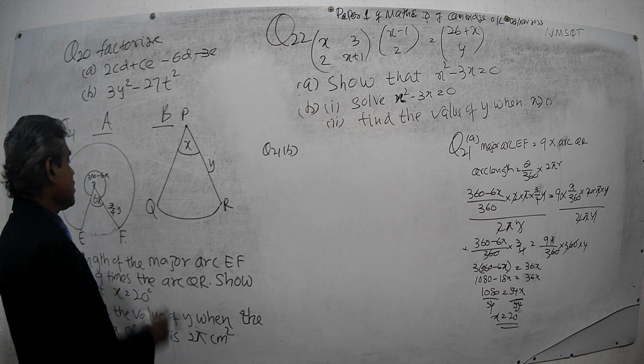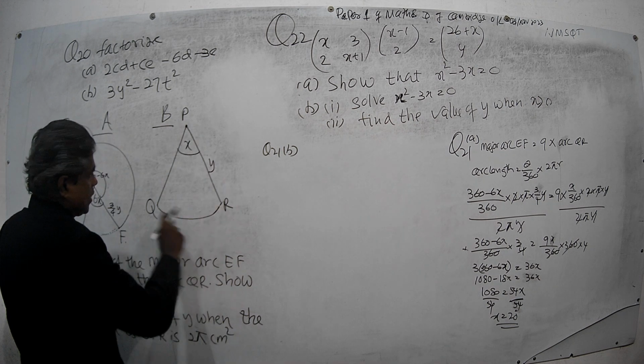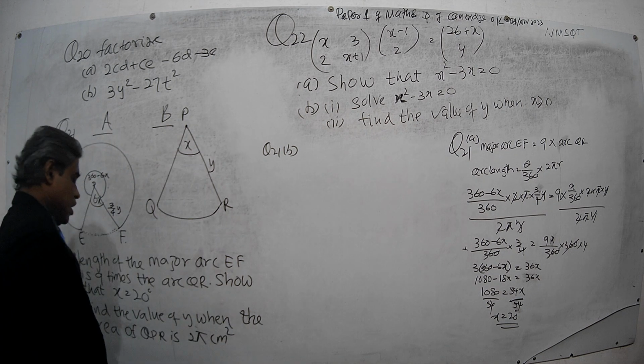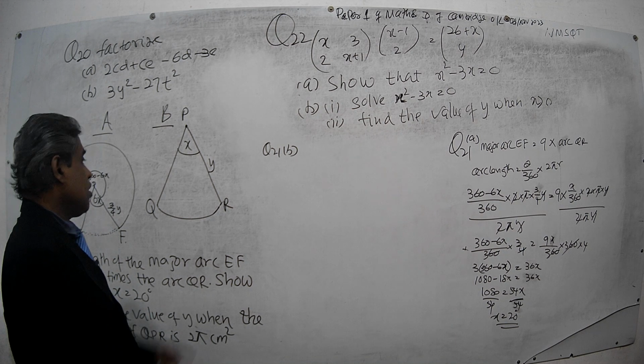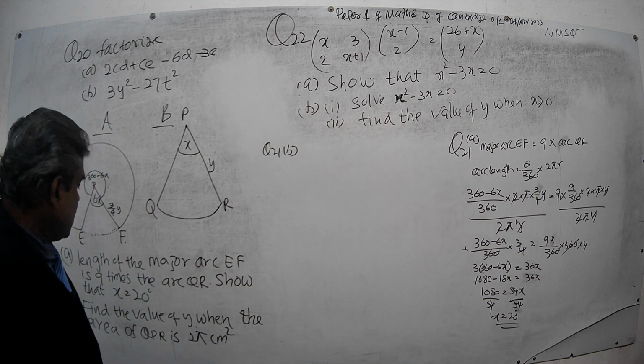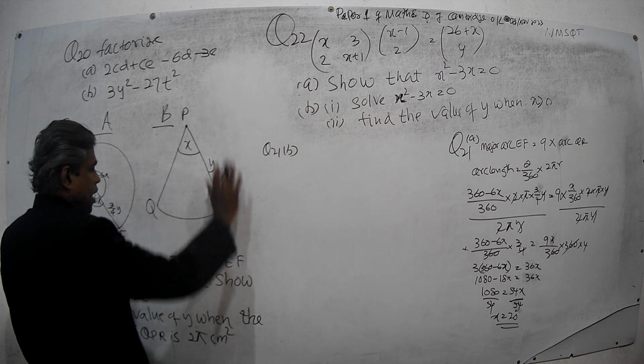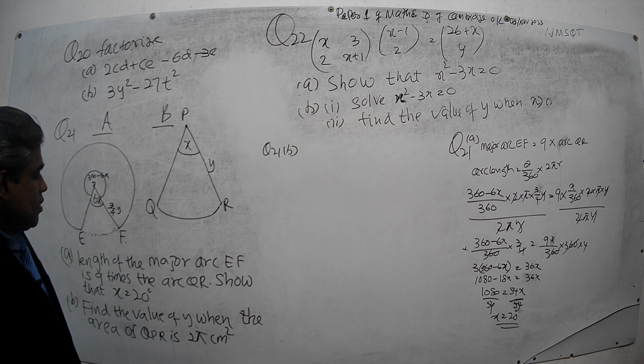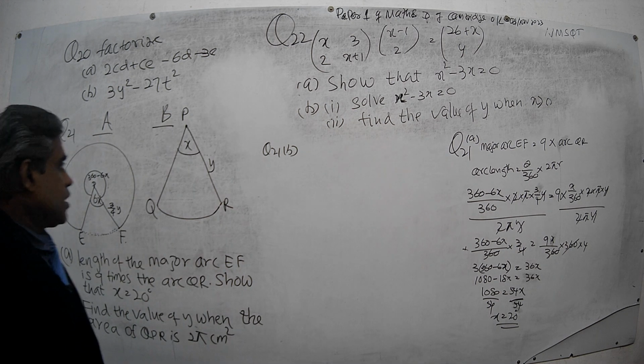They say that the area of this QPR sector, this whole thing, is 2 pi, and we are asked to find the value of y. Right. Then what is the sector area?